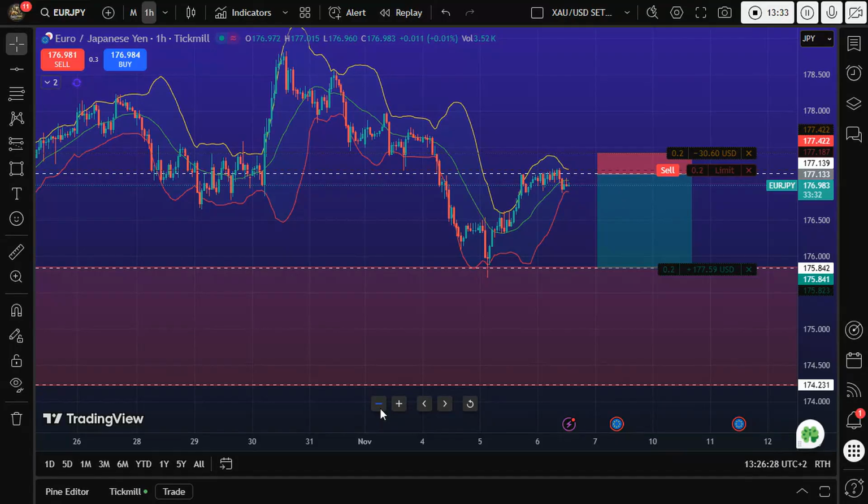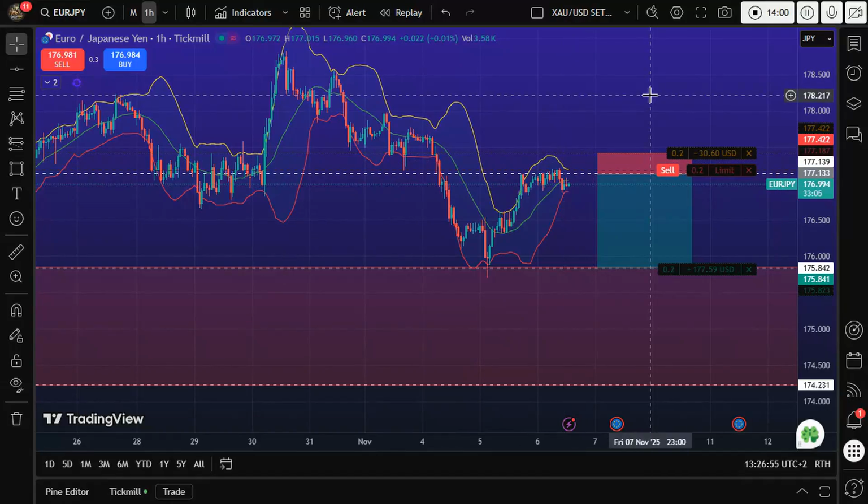So what I like to do fundamentally, I like to check the forex sentiment, the sentiment of that specific pair. So now I haven't done any of that, because obviously I would just analyze the chart by myself and then conclude that this chart is selling and this chart is buying, so that's what I like to do.